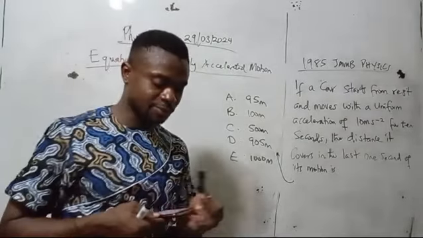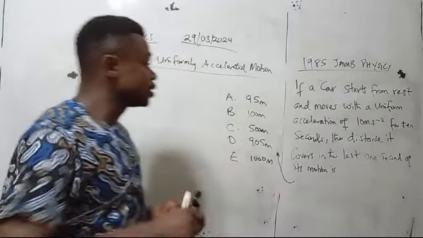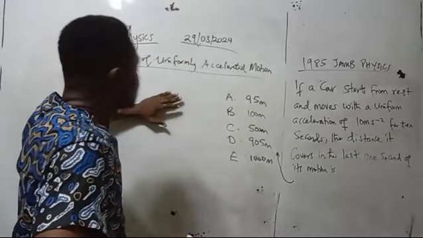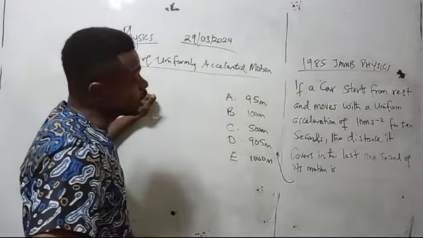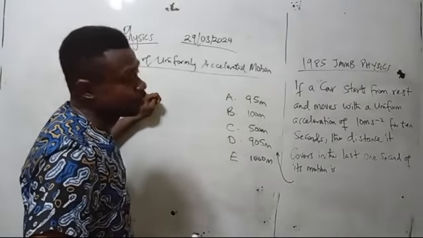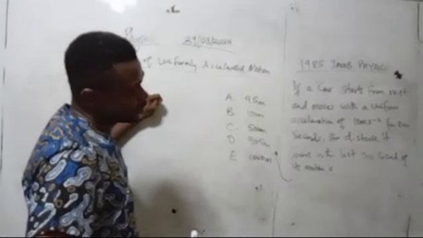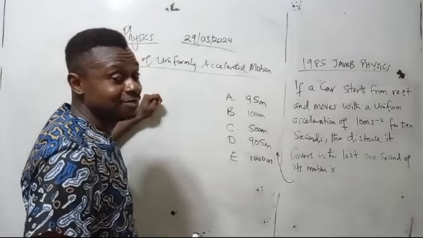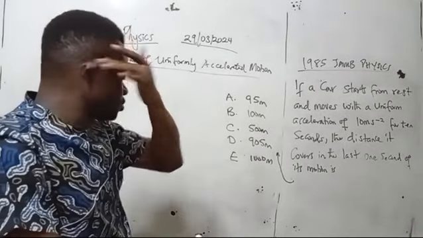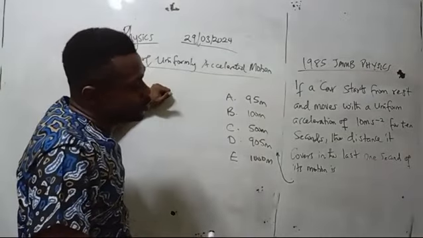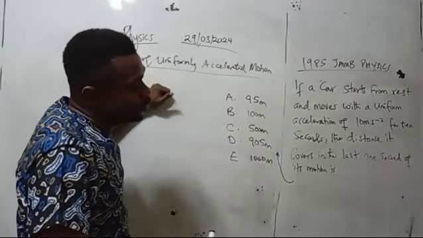So the car started from rest. Before you can know the right equation of motion to use, look at the parameters you are given in the question. The car starts from rest, so initial velocity is 0. They don't give us anything about final velocity. It moves with a uniform acceleration of 10 meters per second squared for 10 seconds.